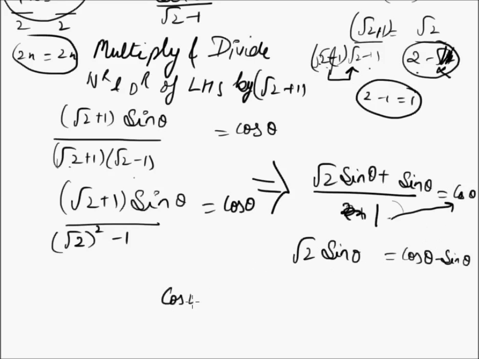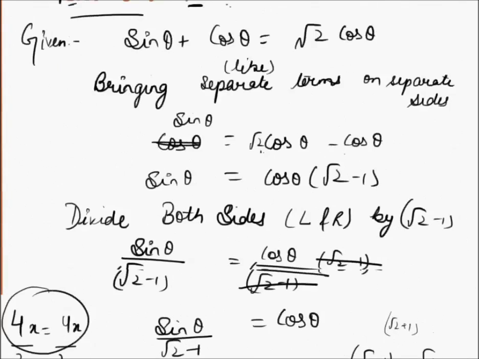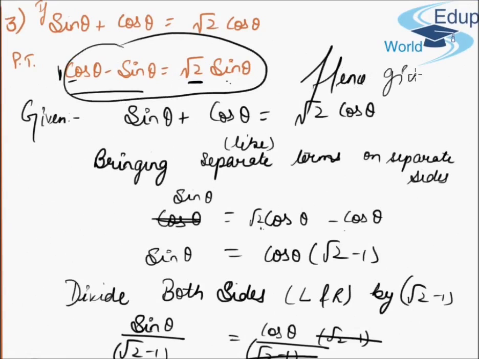So we have achieved cos theta minus sin theta as under root 2 sin theta, which is the desired result. Hence the given question has been proved.